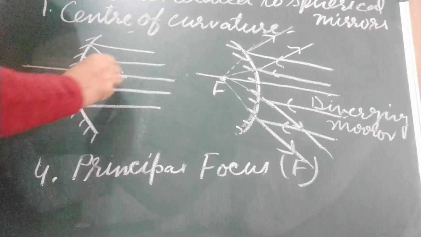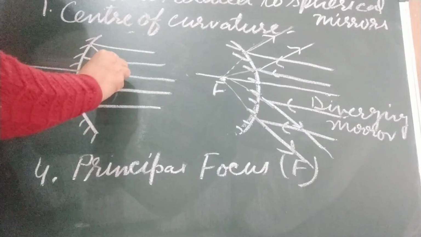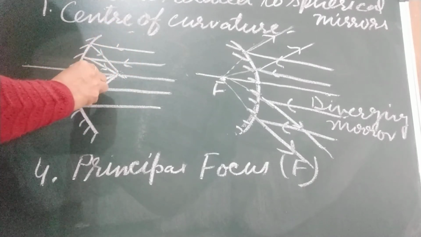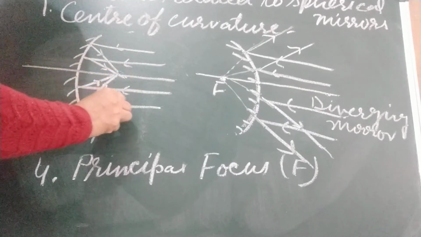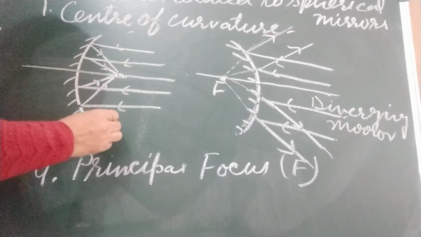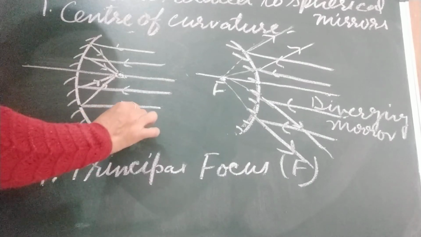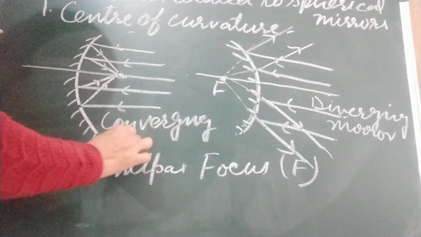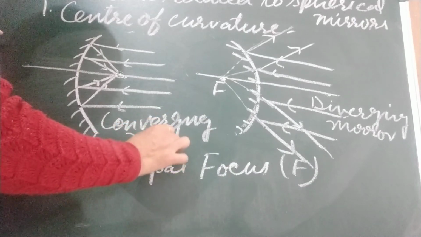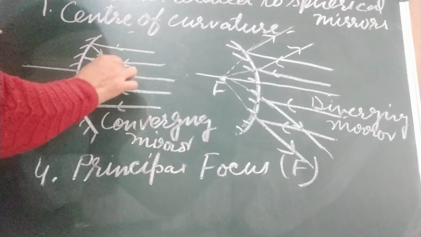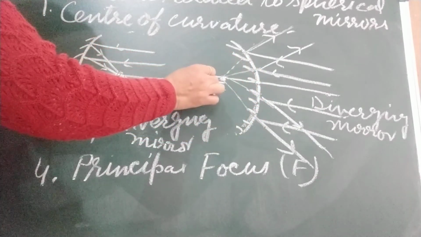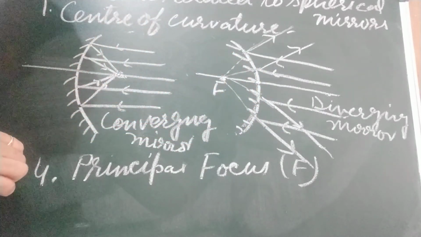Converge means they go inward. They are converging, so this is called a converging mirror. We can get the focus here in a concave mirror, and in a convex mirror the focus is at the back side of the mirror.